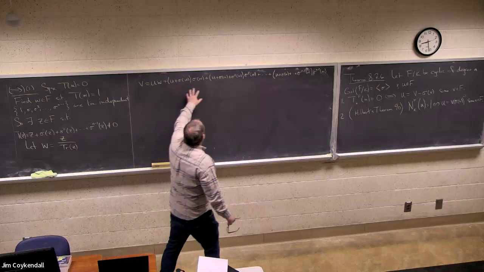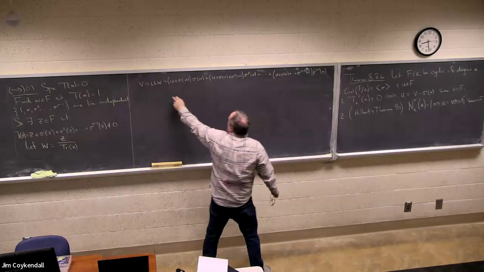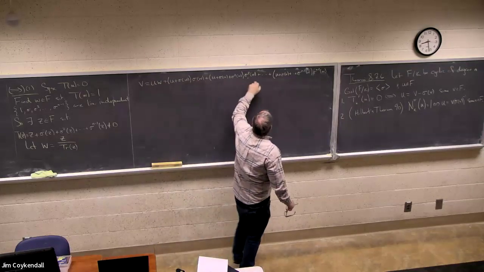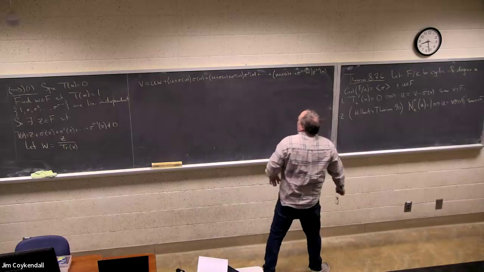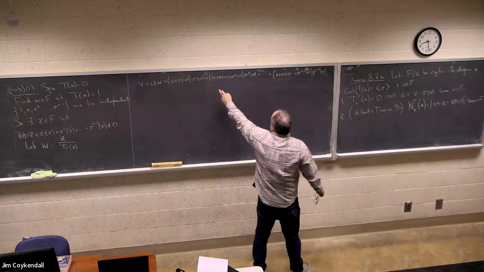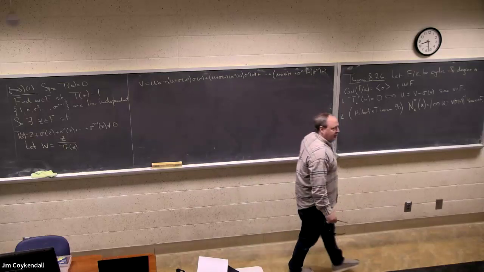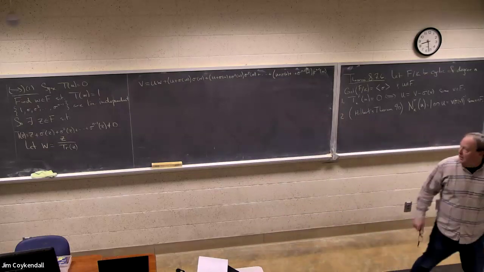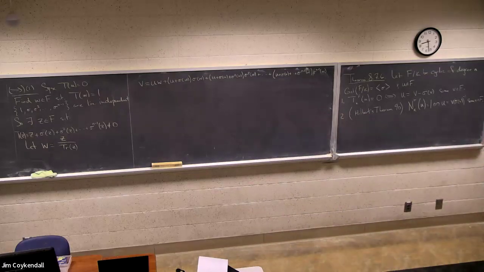I make this expansion, the W's go up nicely, and I just have bigger and bigger sums of the successive powers of sigma acting on U. And I stop at n minus 2.